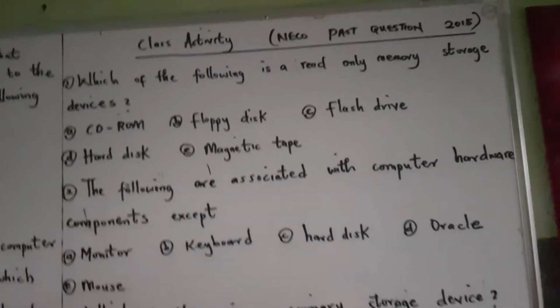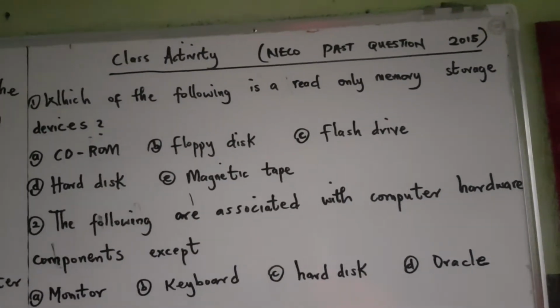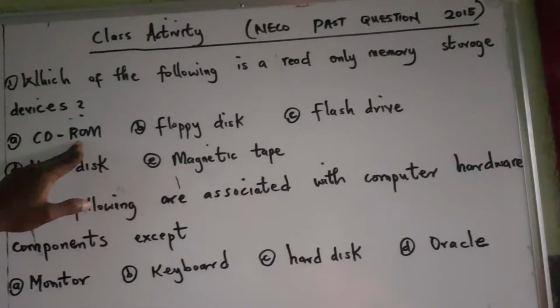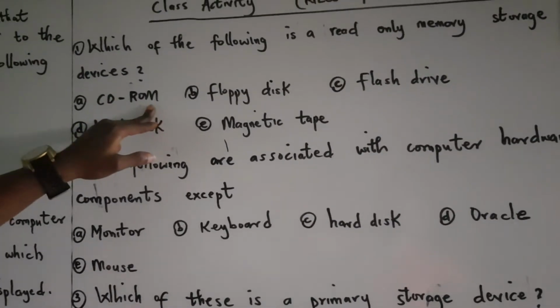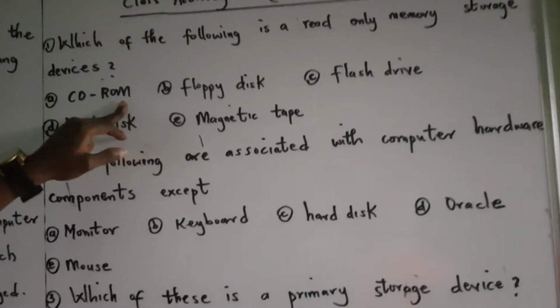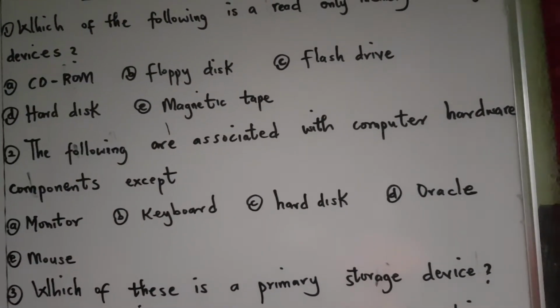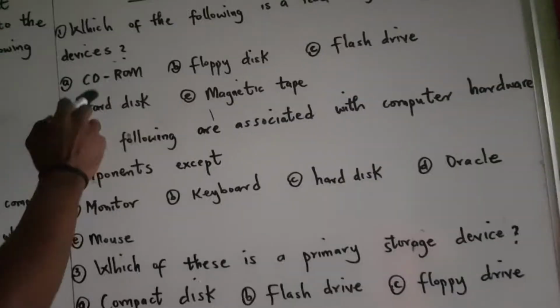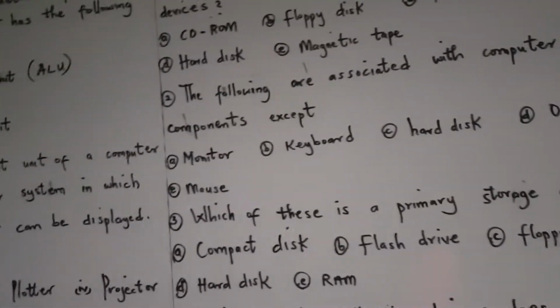We have D, hard disk, and we have E, magnetic tape. What is the meaning of ROM? Earlier I said ROM means read-only memory. From the question here, we should know that our answer for number 1 is what? A. Because that is the only memory storage device that is read-only memory.